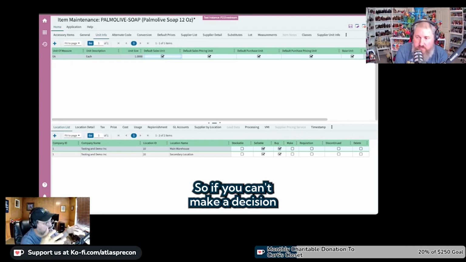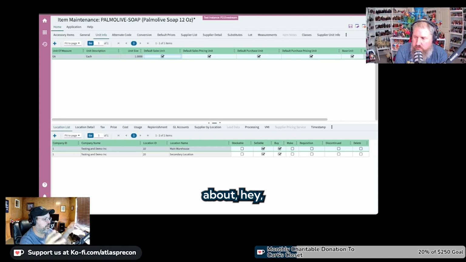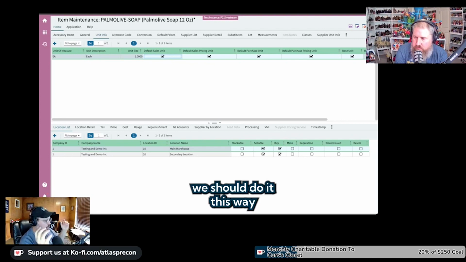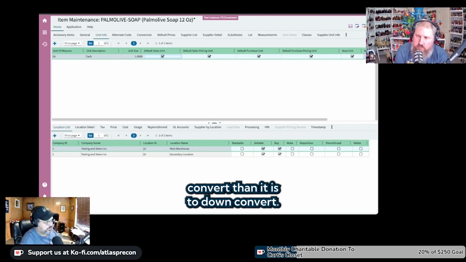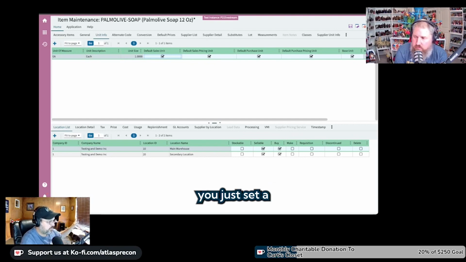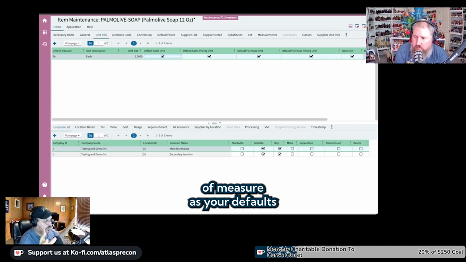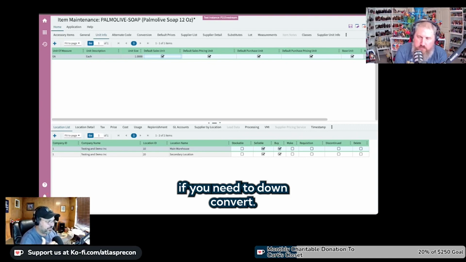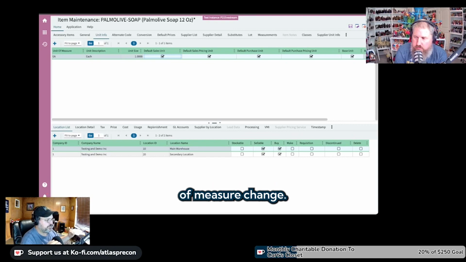So if you can't make a decision, or if you have a lot of consternation in the organization about whether we should do it this way or that way, err on the side of using the smaller unit of measure, because it's much easier to up convert than it is to down convert. If you need to up convert, you just set a different unit of measure as your defaults and be done with it. If you need to down convert, now you're doing a base unit of measure change.